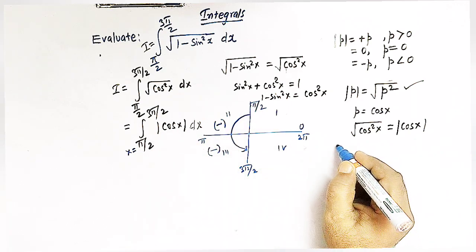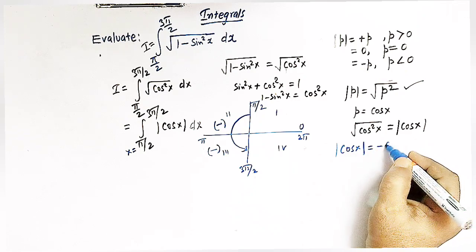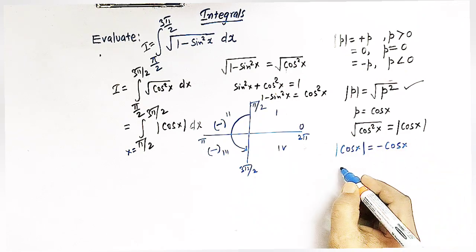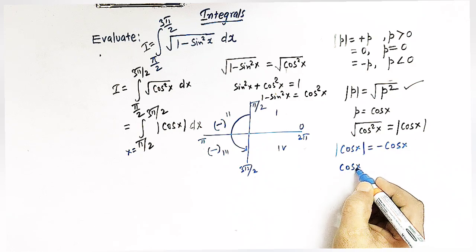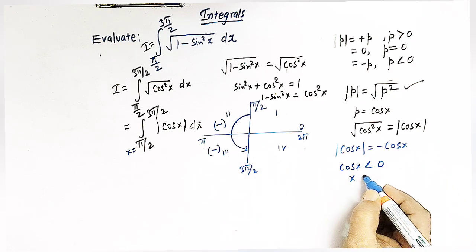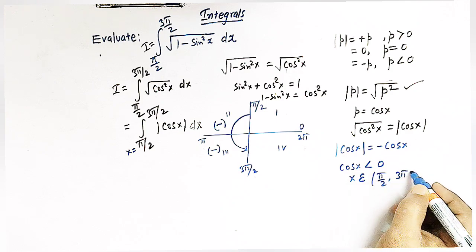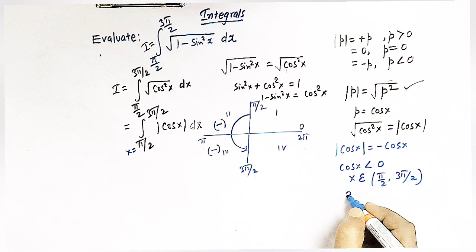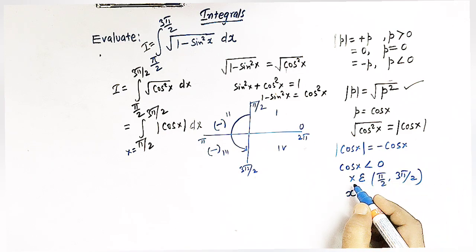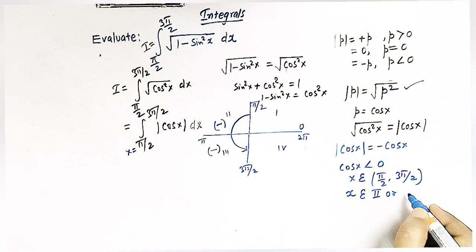So we can now write mod of cos x is equal to negative of cos x, because cosine function is less than 0 when we go from pi by 2 to 3 pi by 2, or we can express this fact as when x belongs to the second quadrant or the third quadrant, right?